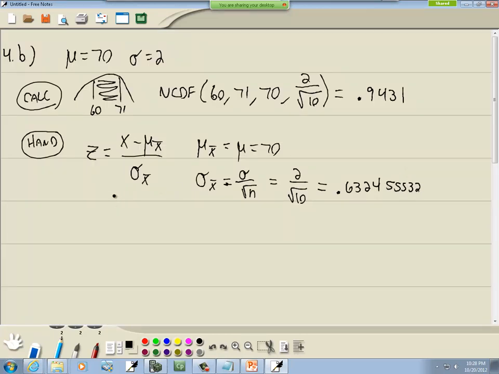And we have two x values to switch here. So I got x equals 60, and x is equal to 71. So we're going to have 60 minus mu sub x bar, which is 70, over 0.6324555532.